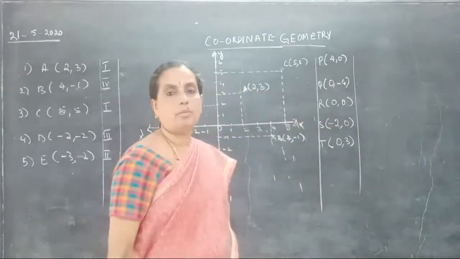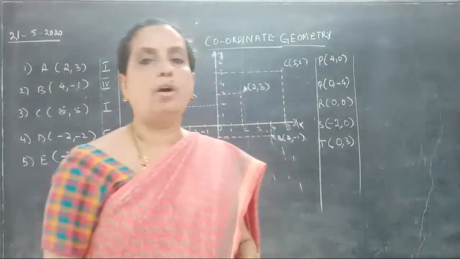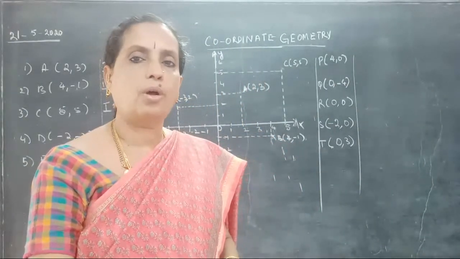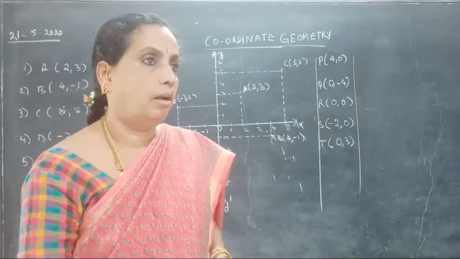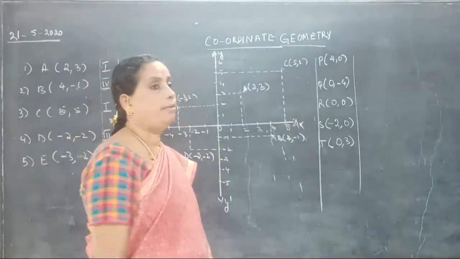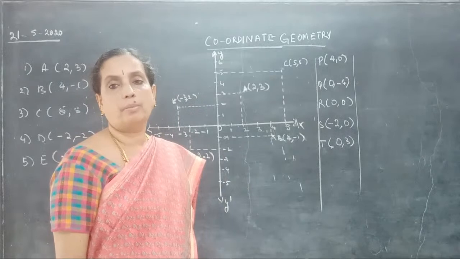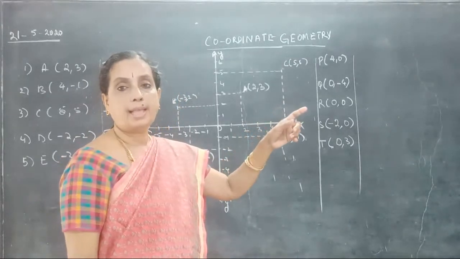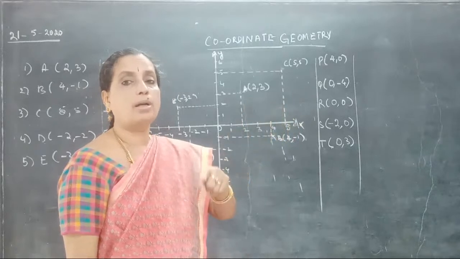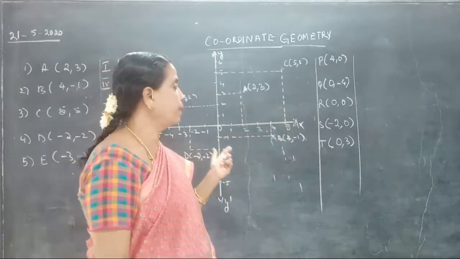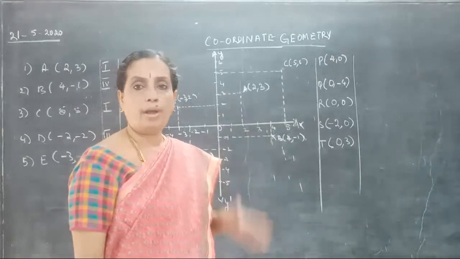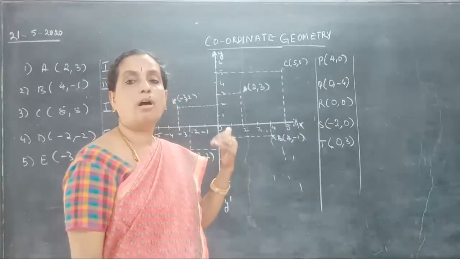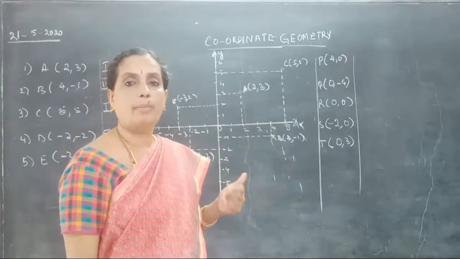Here I have taken the points which are lying either on the x-axis or on the y-axis. We know that the ordered pair of the point at the origin is 0, 0. Along the x-axis it is either x comma 0 or minus x comma 0. Along the y-axis it is 0 comma y or 0 comma minus y.